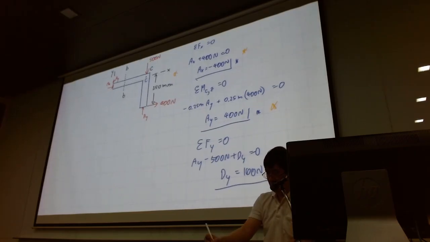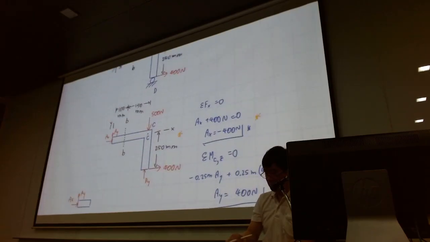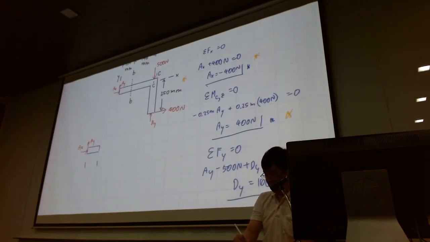Okay? So in the end, this is going to be my other free body diagrams. Quite the same as before. I have my ax, ay, and this one, if you want, you can still put the 100s.